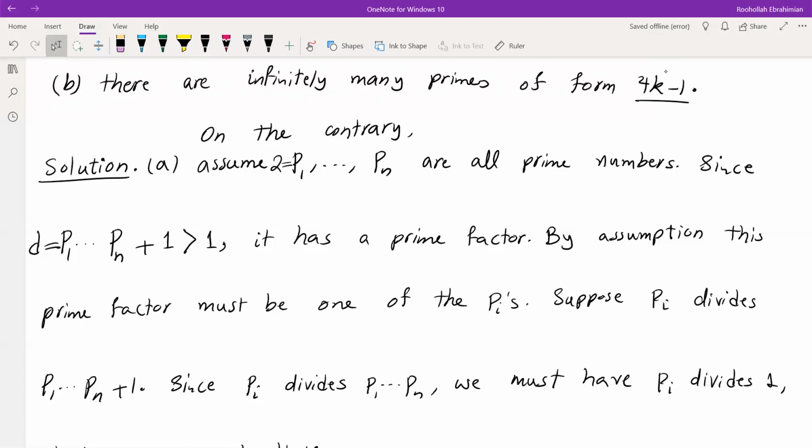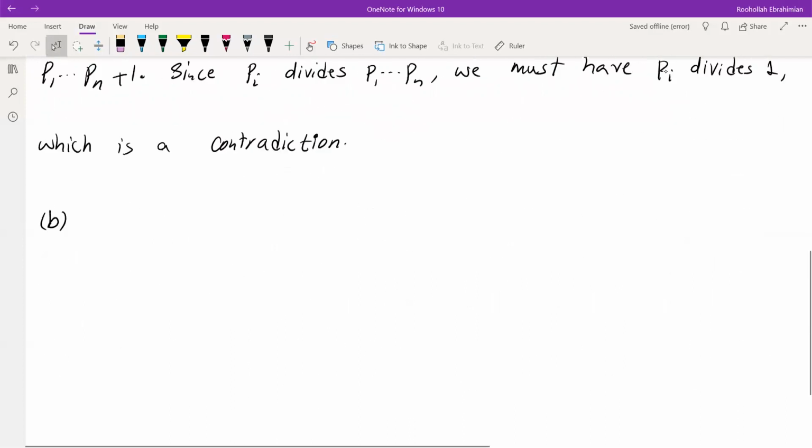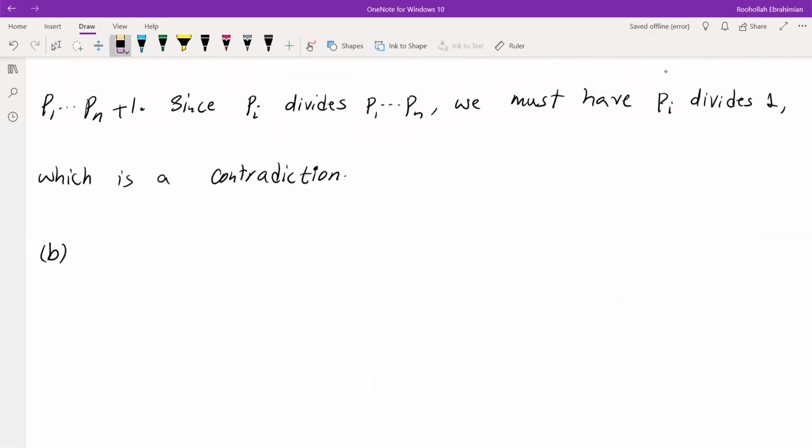So how do we do that? I'm going to use a different color, and I'm going to do basically the scratch work of this. This is not part of my solution, but it is basically finding the roadmap.